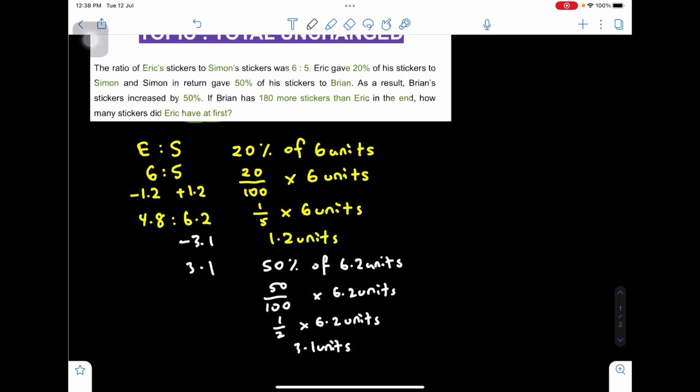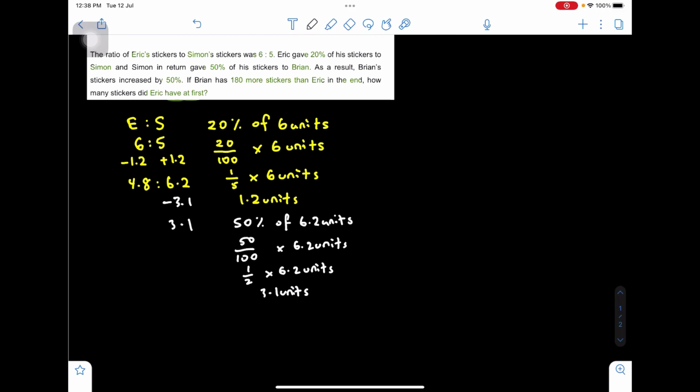Okay, where did this 3.1 unit go to? It went to Brian. Now, as a result, Brian's stickers increased by 50%. Okay, so for Brian, we know that that 50% increase was really because of that 3.1 units that he got from Simon, right?